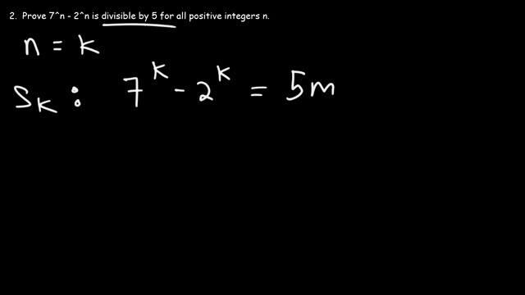If we wanted to prove that it's divisible by 3, I would set it equal to 3m, where m is once again an integer. Now I'm going to solve for 7 raised to the k. I'm going to take this term and move it to the other side. So I have 7 raised to the k is equal to 5m plus 2 raised to the k. Let's save this expression for later.